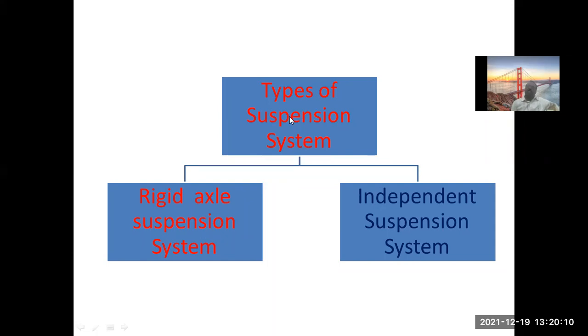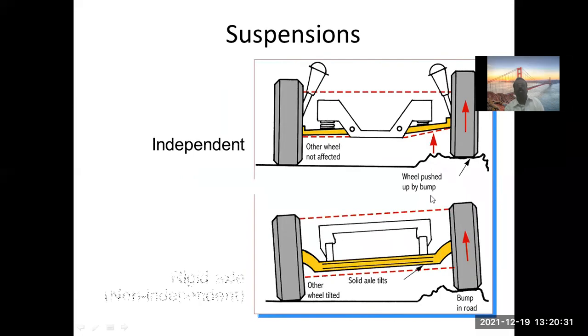This is a rigid axle suspension. The name itself is rigid axle, so the name indicates that the axle is a rigid one. Here it is not so. Here you can see the independent suspension and the rigid axle suspension, how each behaves.